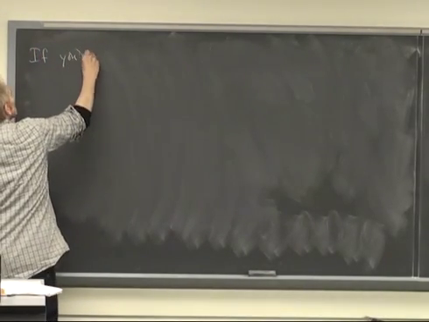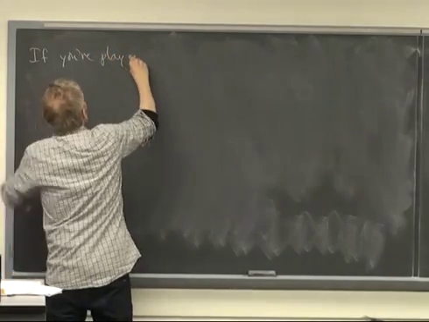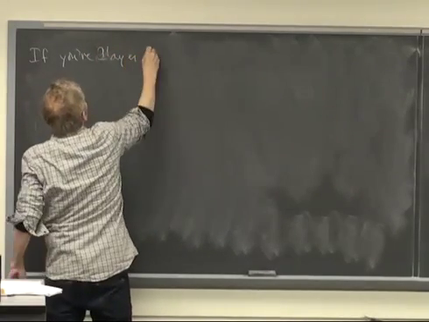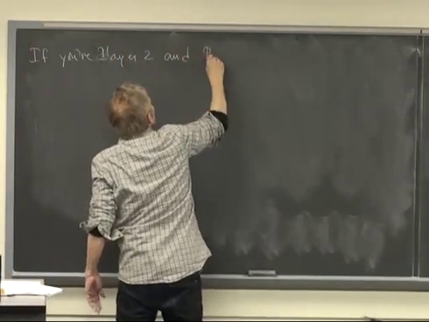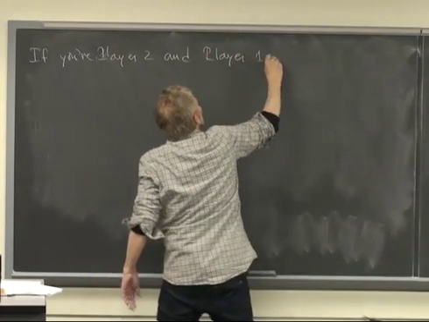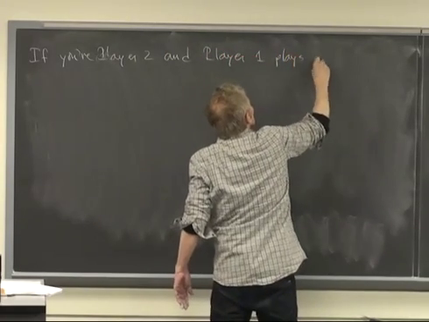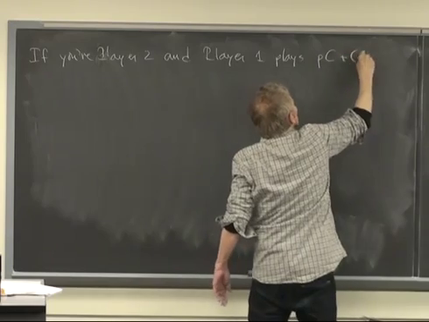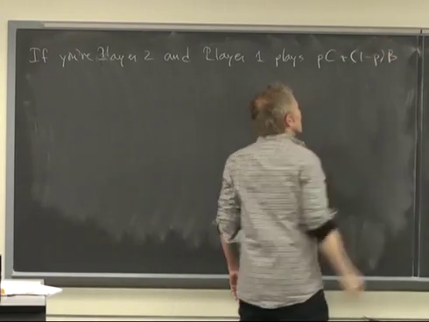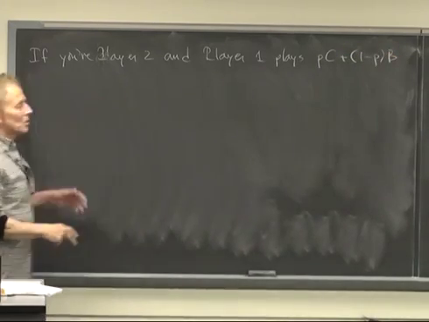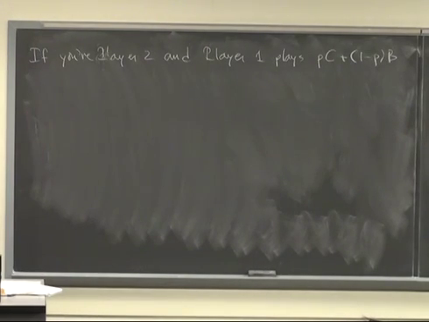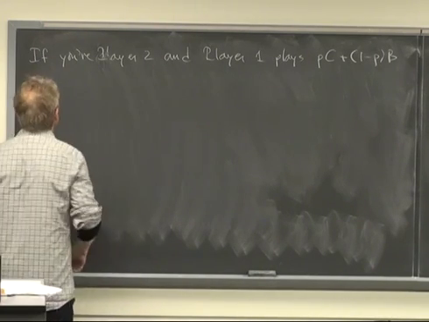So if you are player 2 and player 1 plays, say, PC plus 1 minus PB. When we're doing these two-player games, we always use P for the probability on player 1 and Q for the probability on player 2, for not obvious reasons.